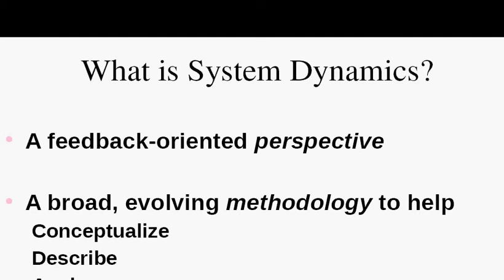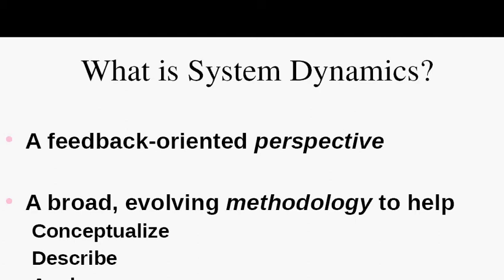It originated in the 1950s with Jay Forrester at MIT in the engineering field. He later, shortly thereafter, moved over to Sloan School of Management at MIT, where he pursued what he called industrial dynamics.